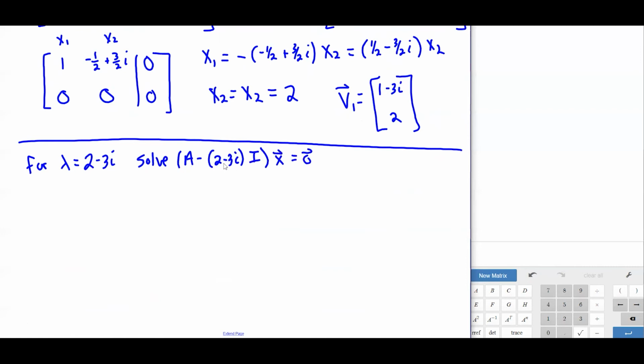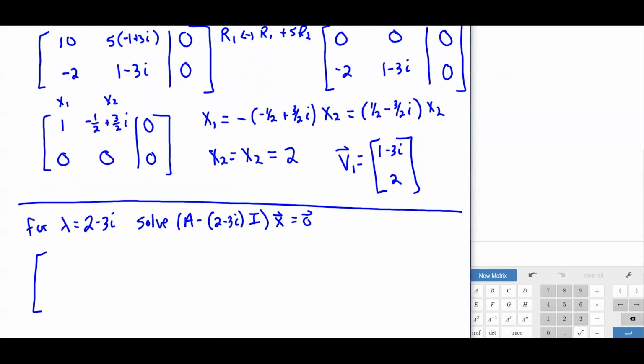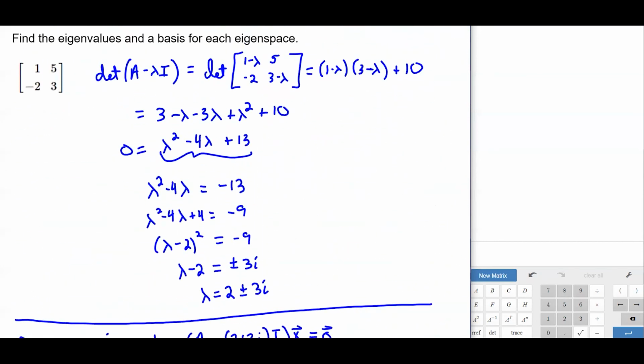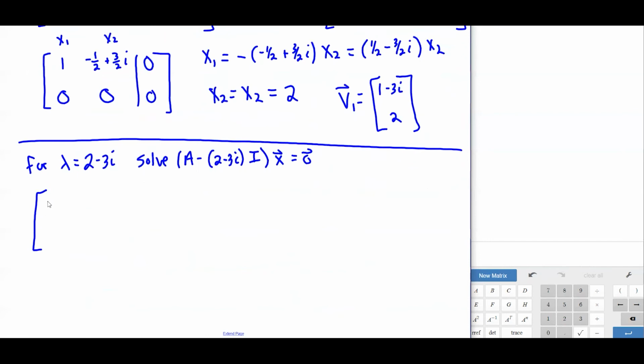I need to subtract lambda, which is 2 minus 3i, from the main diagonal, and augment with 0. So let's say I keep forgetting the original matrix: 1, negative 2, 5, 3. We have to subtract 2 minus 3i from the main diagonal, augment with 0.